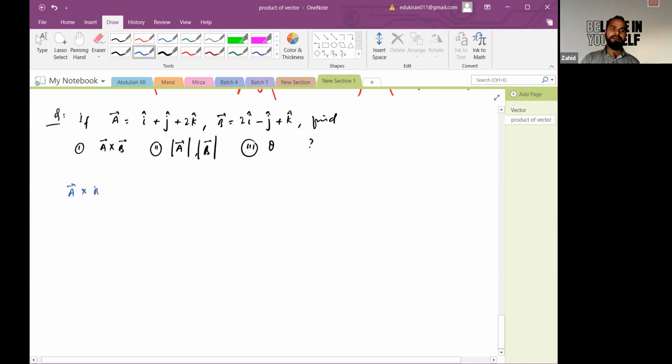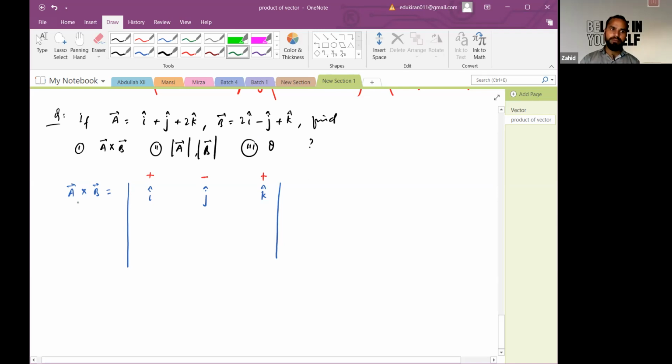First of all, write A cross B is equal to the determinant of i cap, j cap, and k cap. To define its position, the first term will be positive, the second term will be negative, and the third term will be positive.